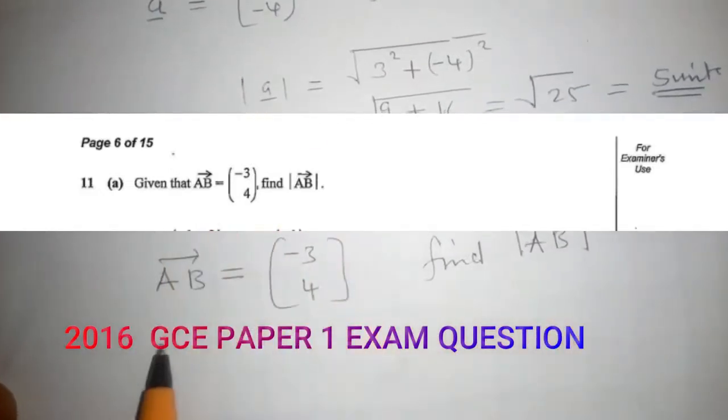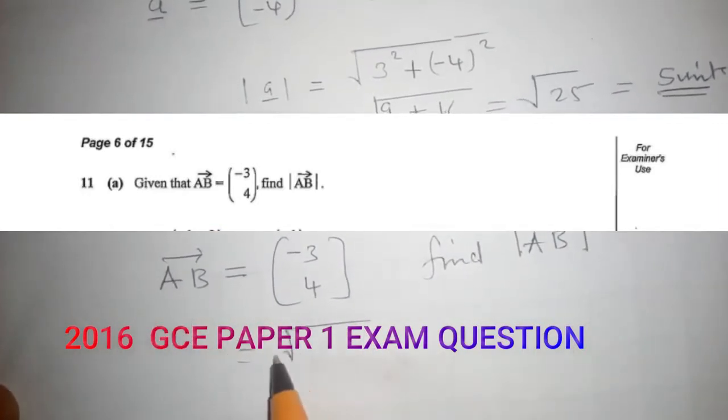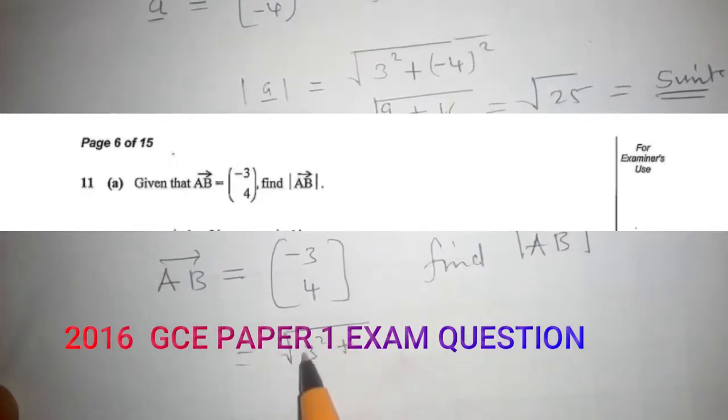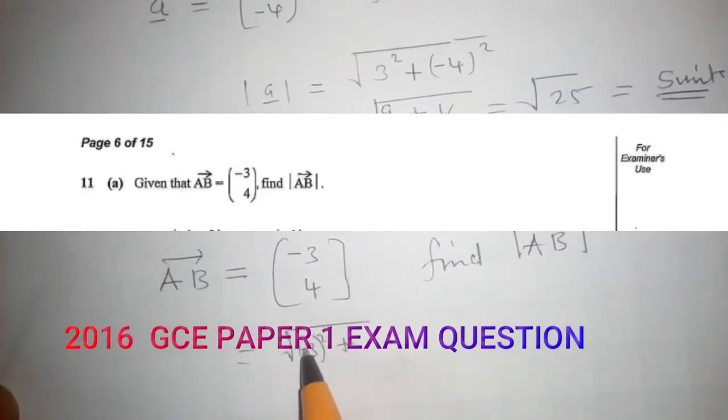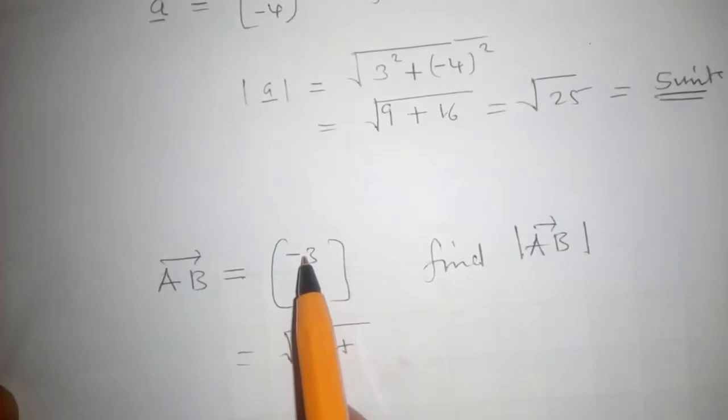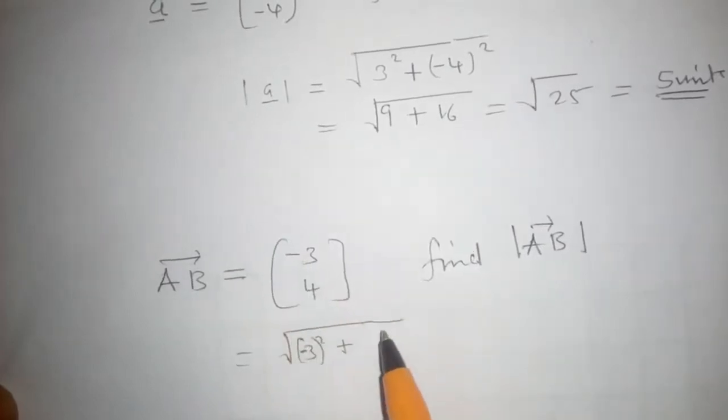This and this are just the same. They are just the same questions. So you do what you did there, you get the number which is on top. So you see there is a negative here, that's the only difference. But in terms of length, they're just the same.